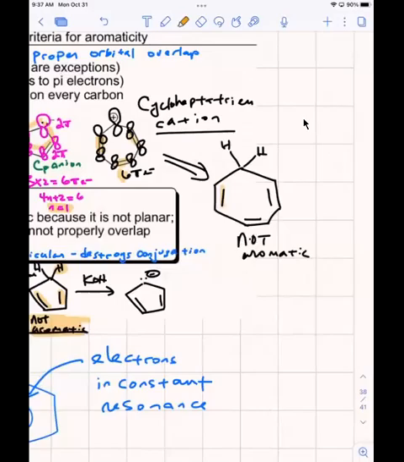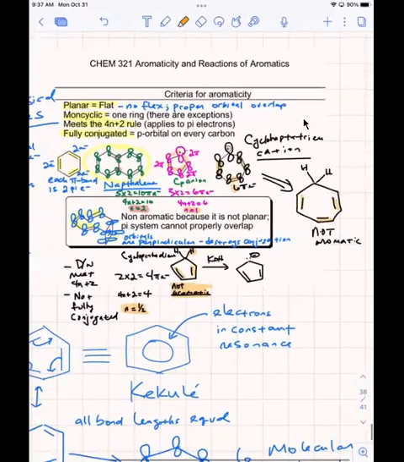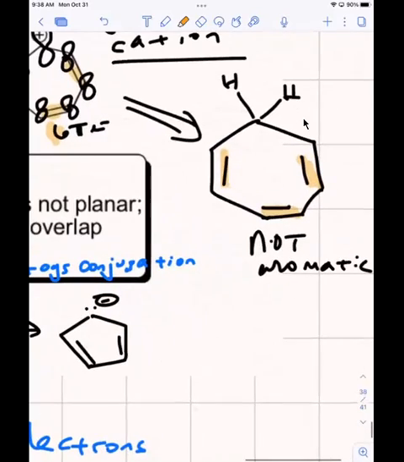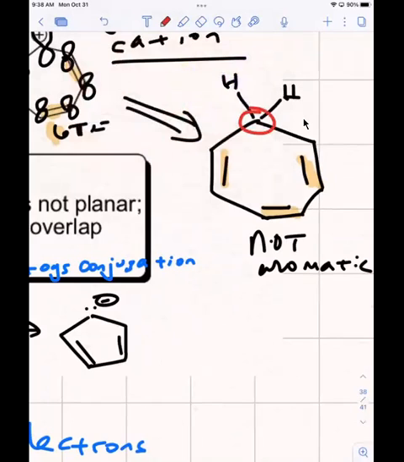It meets the 4n plus 2 rule. It meets the monocyclic rule and the planarity rule, but it's not fully conjugated because this carbon right here cuts off the conjugation, right? So you have p orbitals on all of these carbons, but not here.